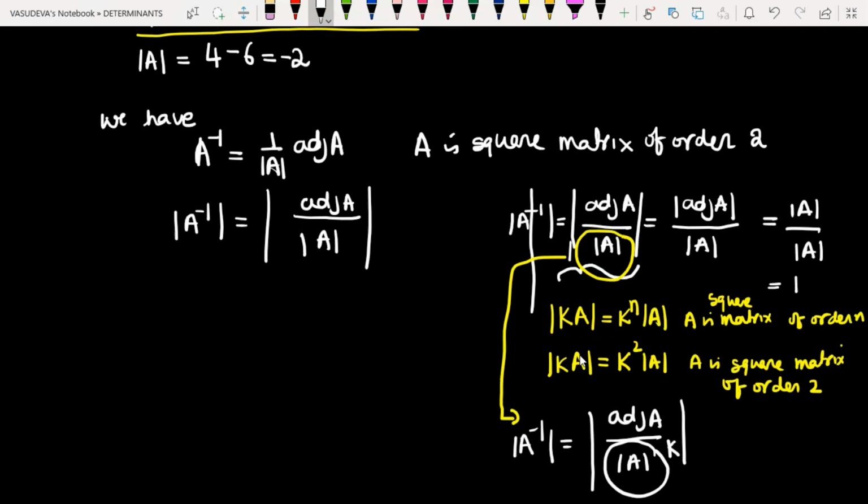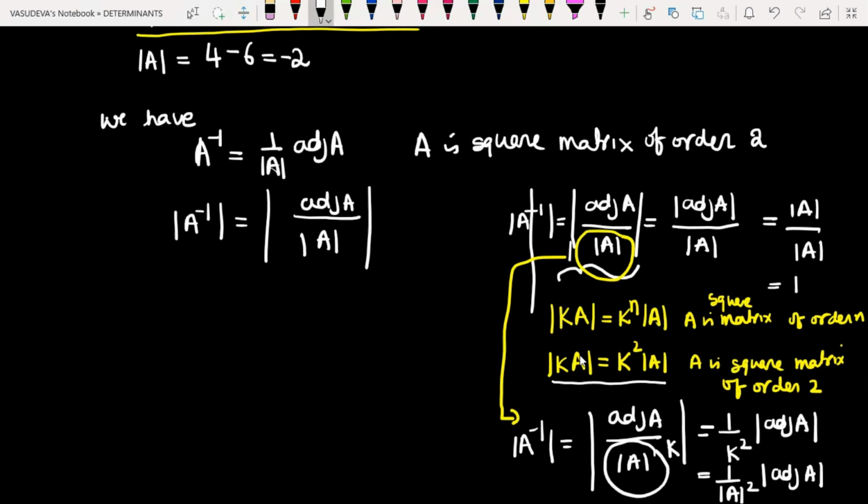If we take k as determinant of A, then determinant of kA is k square into determinant of A. This must be 1 by k square into determinant of adjoint of A, where k is determinant of A, so this is 1 by determinant of A square into determinant of adjoint of A.